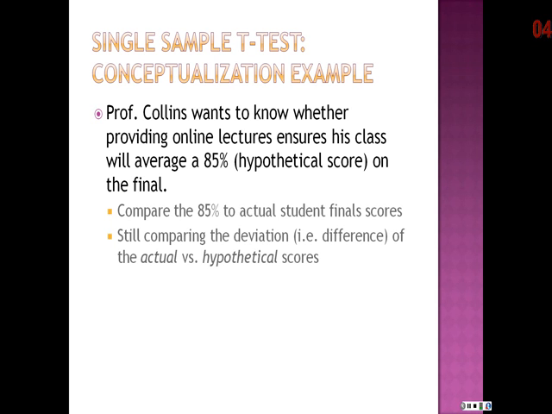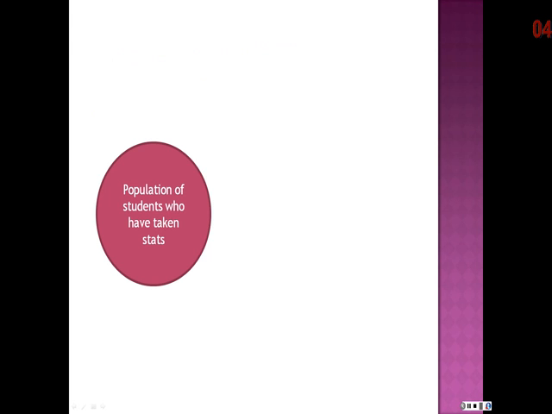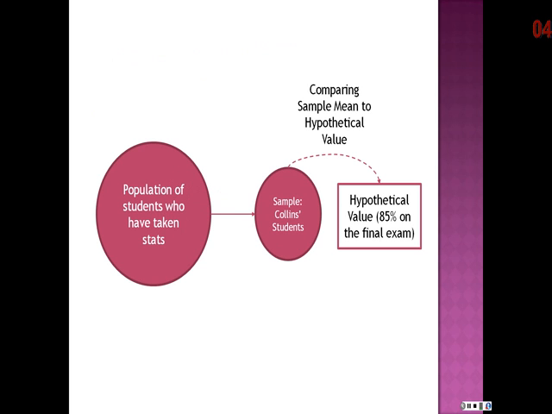I'm still comparing the deviation or difference of the actual versus the hypothetical score. I'm comparing the difference between the score that the students actually had, the sample, and the hypothetical score. So in this case, I'm taking a sample out of the population, my students, and then I'm comparing the mean to some hypothetical value, in this case, 85% for the final exam.